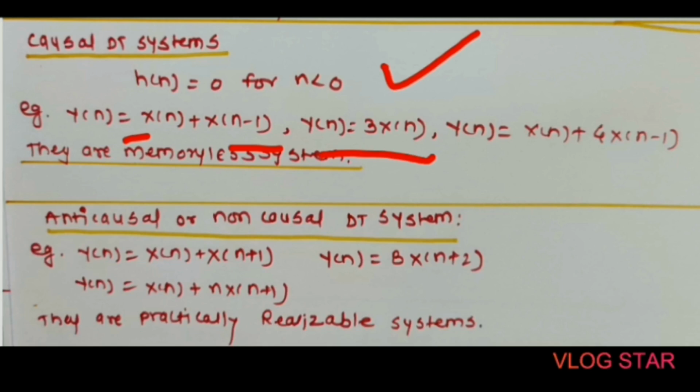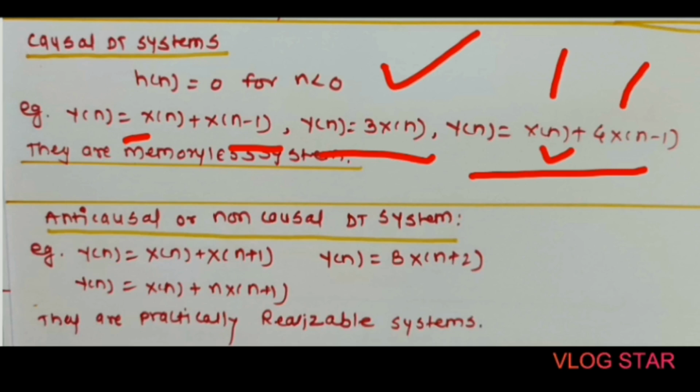Again, y of n depends upon the present value, that is x of n. Again, y of n is equal to x of n plus 4 into x of n minus 1. So y of n, which is the output, depends on the present value, that is x of n, and the past value x of n minus 1. So in these types of examples, the output depends on present as well as past values.